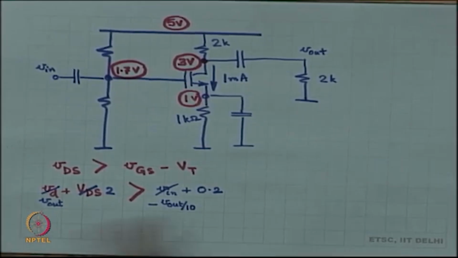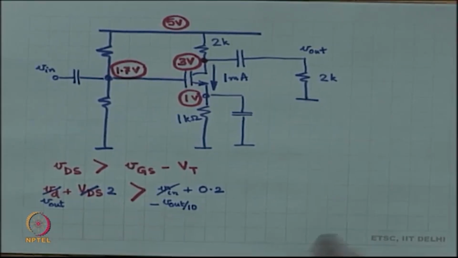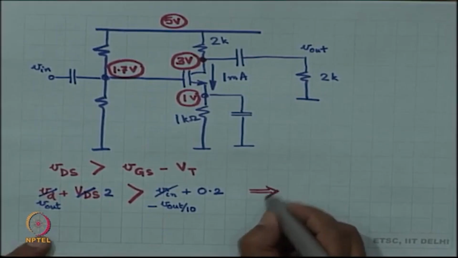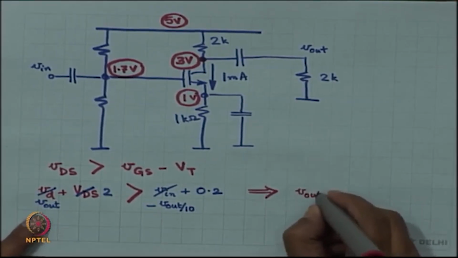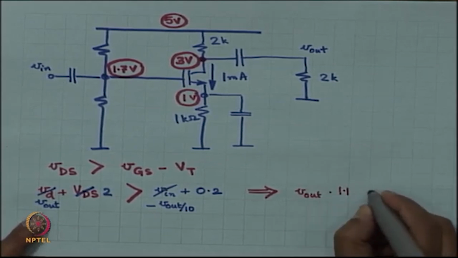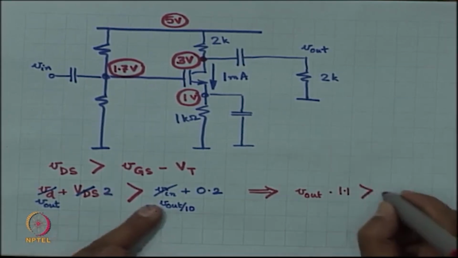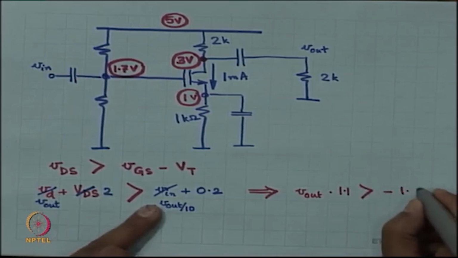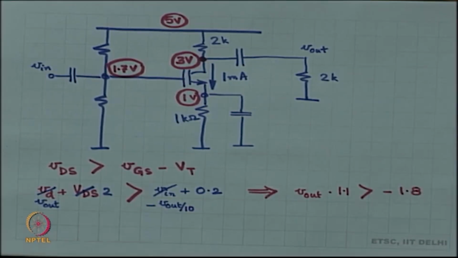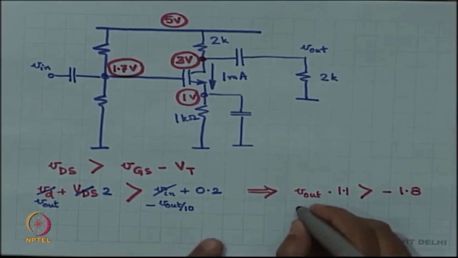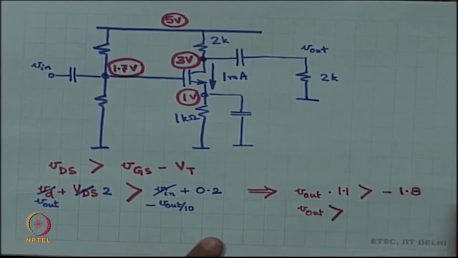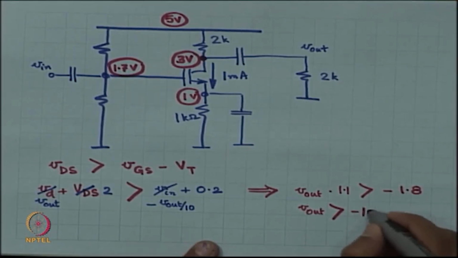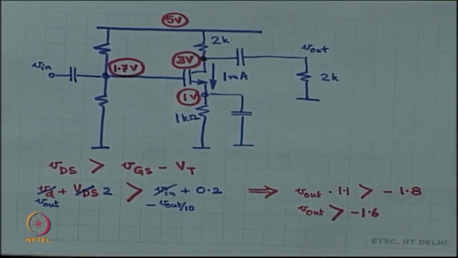And this gives you, you put all the V outs together, this has to be greater than minus 1.8. So, V out is more than minus 1.8 by 1.1, whatever that is, right, 1.6. Fine.